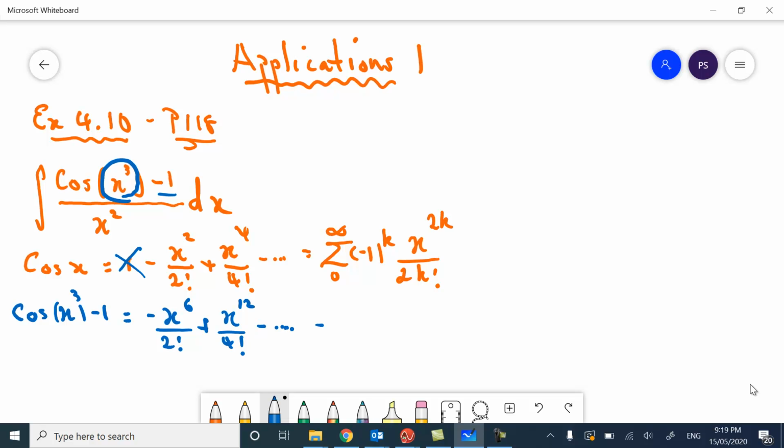And if you notice, because I haven't got the 1 anymore, I can just start at 1 and go to infinity, and this will become minus 1 to the power of k, x to the power of, now really I could have just put x cubed in there, x cubed to the power of 2k becomes x to the 6k, and then that's divided by 2k factorial. So that's just the first part, right?